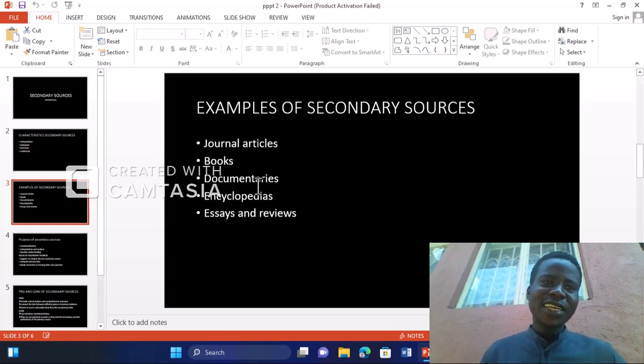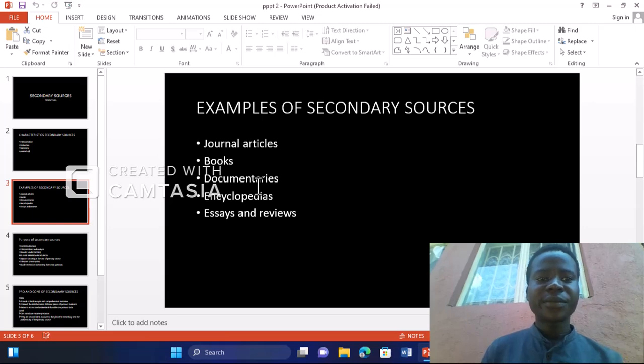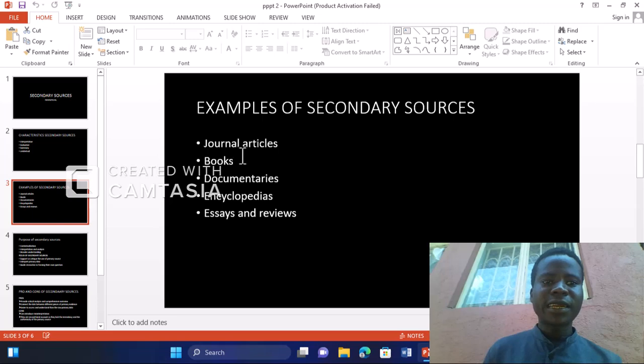Journal articles are articles that critique or analyze primary data, such as research papers analyzing the results of scientific experiments, and literature reviews summarizing the previous research on a topic. Those are examples of journal articles.